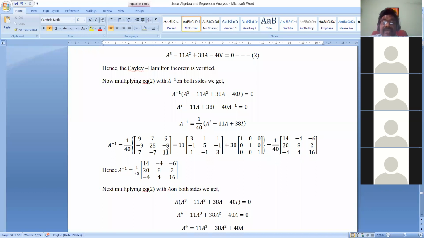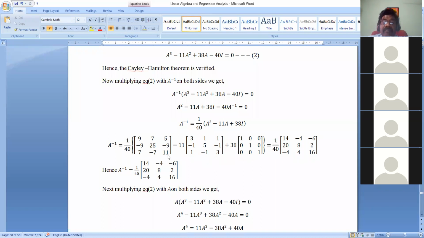Next, minus 9 plus 11, 2. 2 plus 0, that is 2. Next, 7 minus 11, minus 4 plus 0, that is minus 4. Next, minus 7 plus 11, plus 4 plus 0, that is 4.